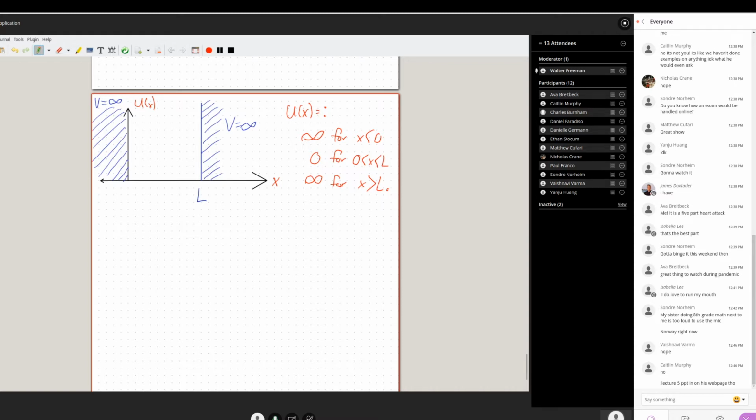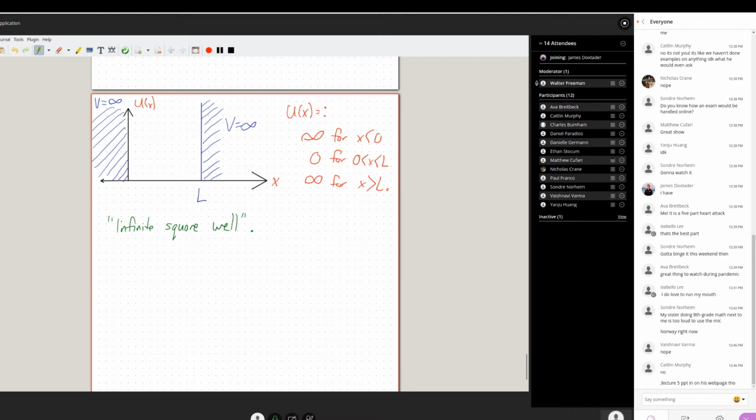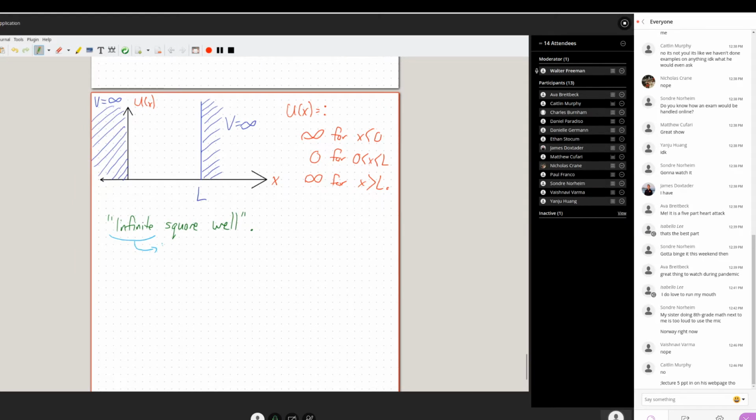So this potential is called the infinite square well. It's infinite because v goes to infinity, and it is square because v equals 0 inside.